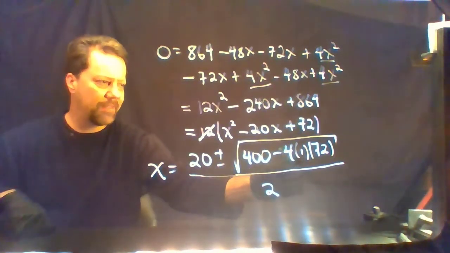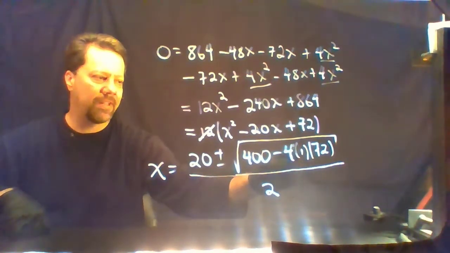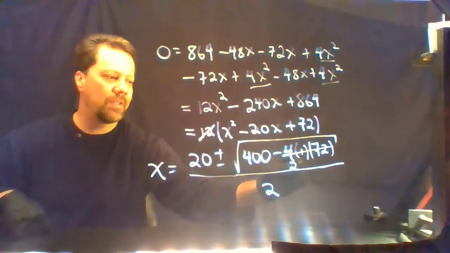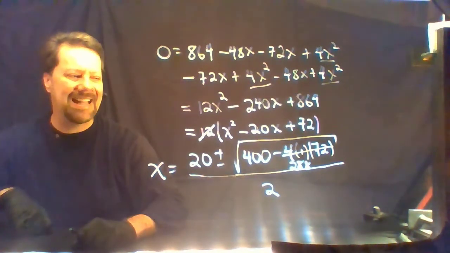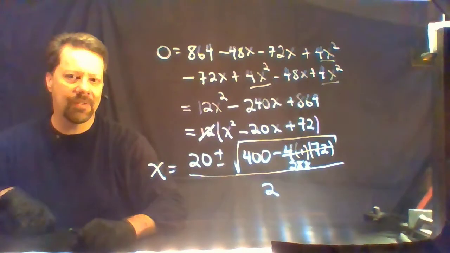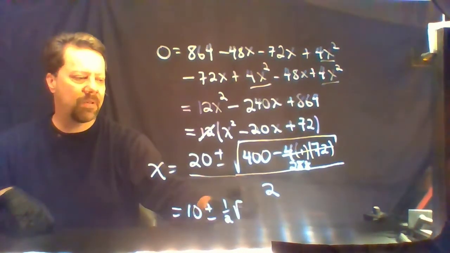So 4 times 72. 4 times 70 is 280. And then we'll have another 8. So that's 288. 400 minus 288 is 112. So we'll have 10 plus or minus a half times the square root of 112.